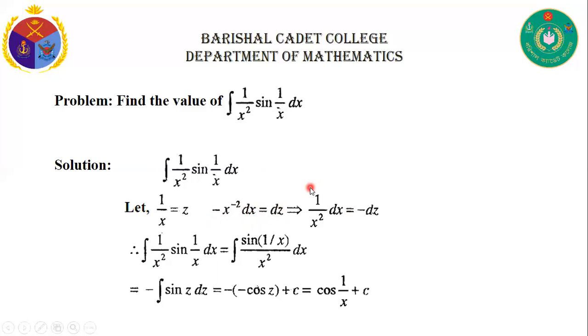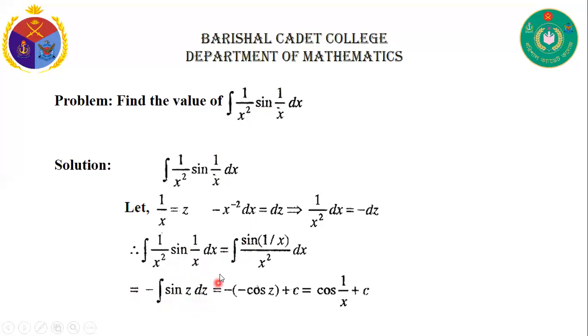Here the unnecessary thing is 1 by x squared, so we relate 1 by x squared and dx. Then 1 by x squared dx equal to minus dz. So then now we can write for these things minus z, and actually for sine 1 by x it is sine z, so minus sine z.